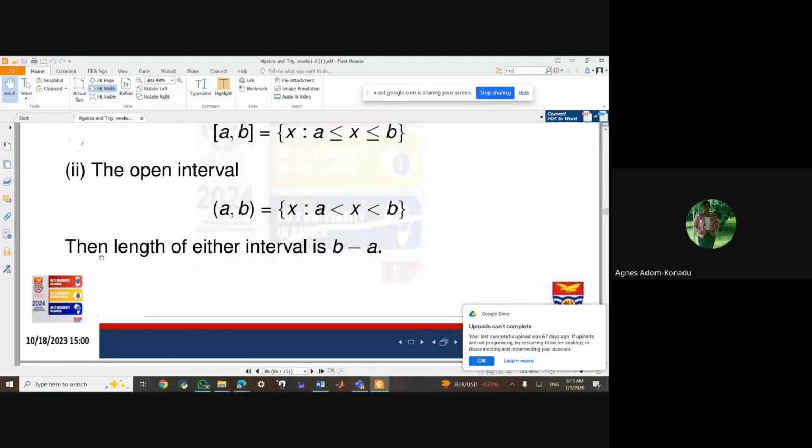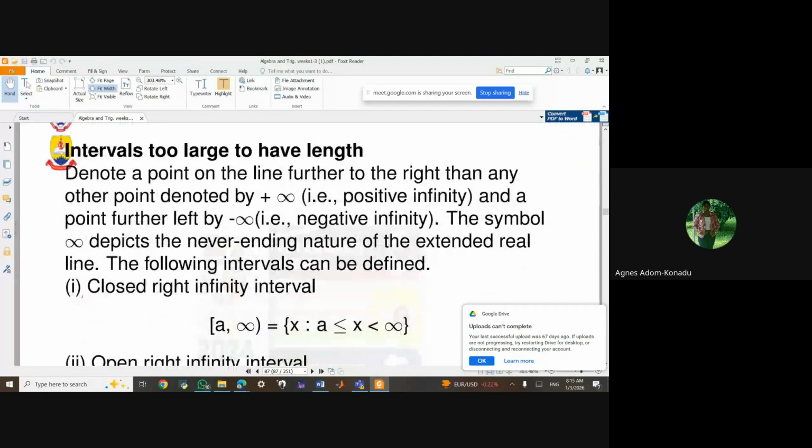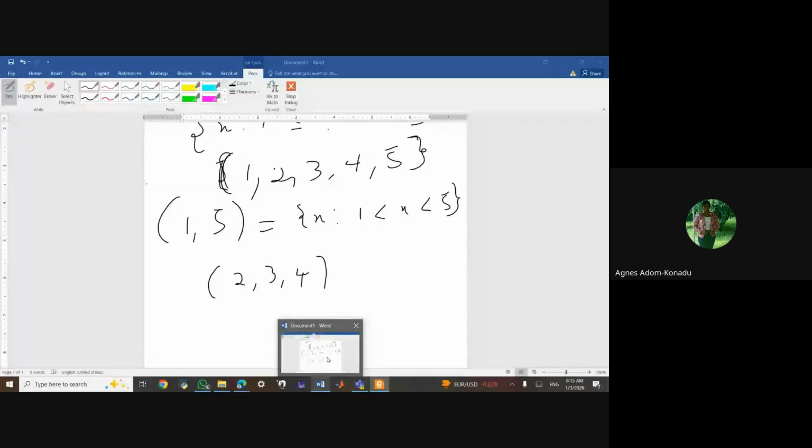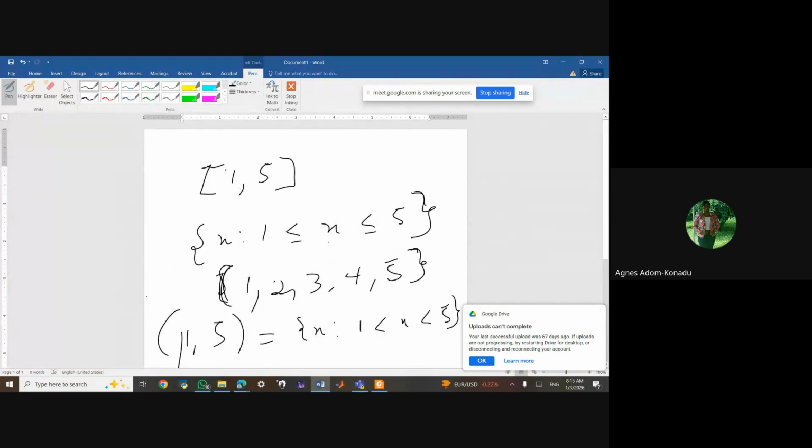It says that the length of either interval is b minus a. We even mentioned this one up there. So we have the open interval and then the closed interval. If it is open, then the endpoints are not part of what we are looking for. If it is closed like this, then the endpoints are part.